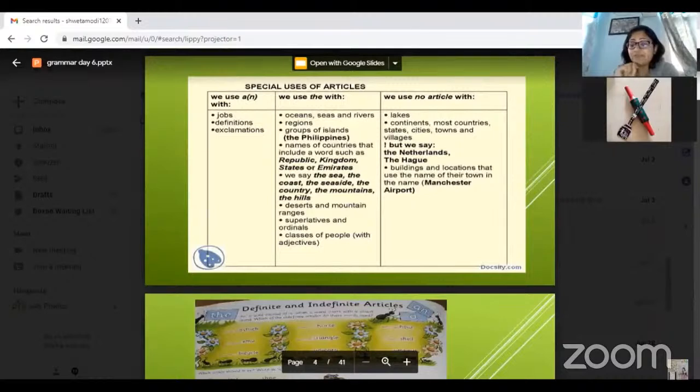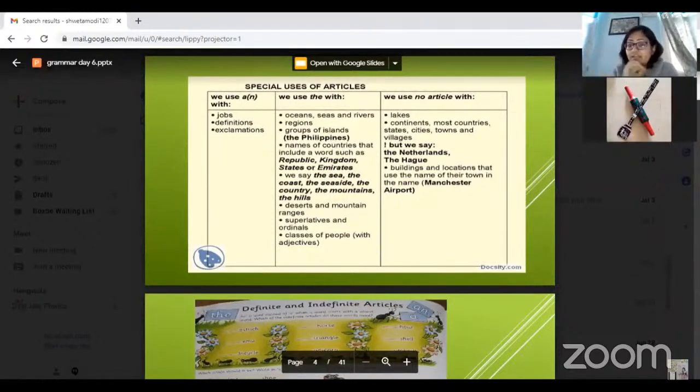Classes of people, when you categorize, so again you are making it specific: the principal, you're talking about a position, the headmaster. We don't use any article if it is a lake. We don't use any article for a continent, country name, city name, town, village, or any specific name like Shweta.